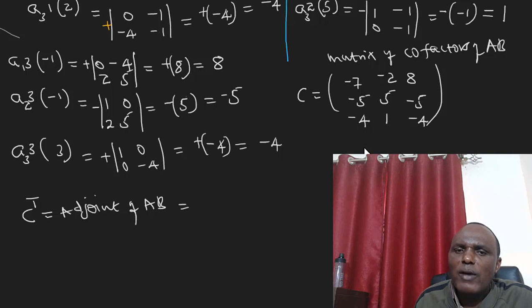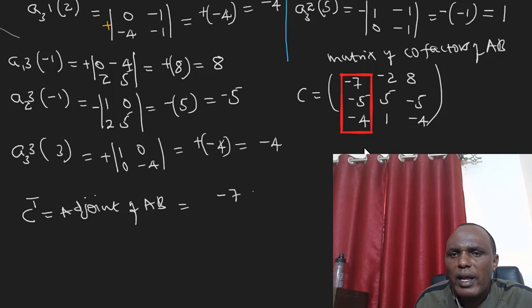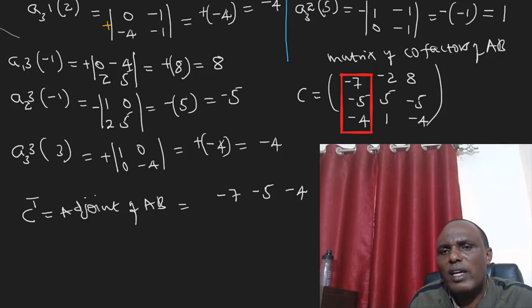For example, in our case, our first column is negative 7, negative 5, negative 4, and it is a column there, so it becomes the first row. So it is negative 7, negative 5, negative 4. We go to the second column, and we write it as the second row: negative 2, 5, 1.